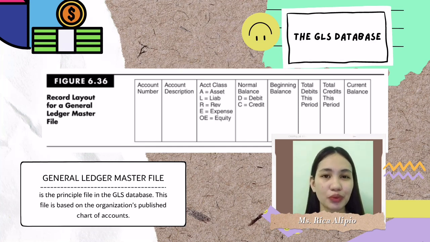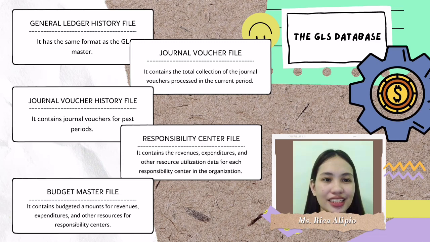The financial reporting system draws upon the GL Master to produce the firm's financial statements, while the management reporting system also uses this file to support internal information reporting. Here in the figure illustrates the structure of a typical General Ledger Master file. Next file is the General Ledger History file.